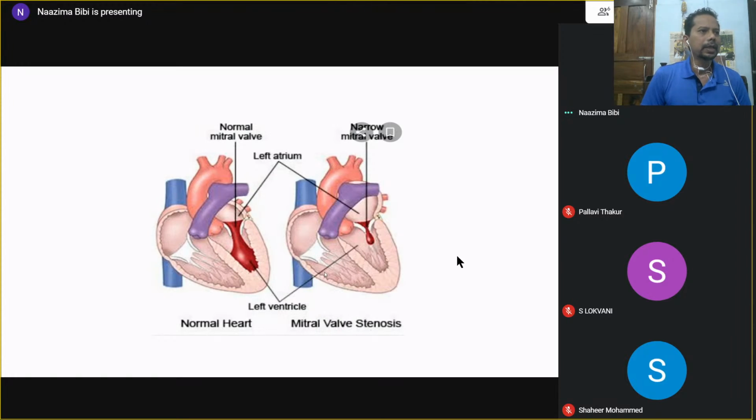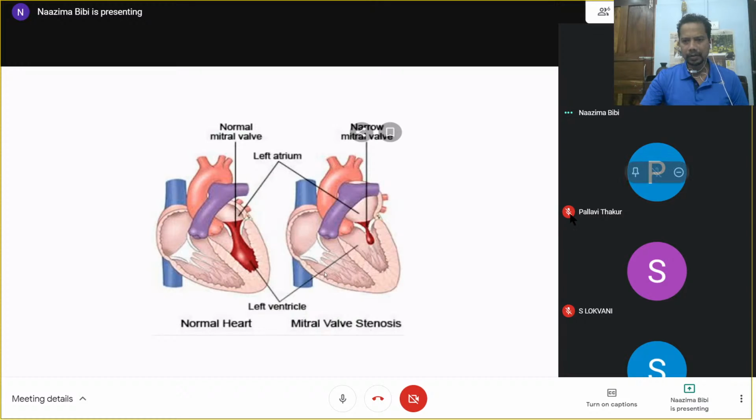Can anybody in the audience tell me any other causes of low blood pressure? Nazima, you can also answer. Pallavi: Aortic stenosis. Aortic stenosis. Okay. Anybody in the crowd?